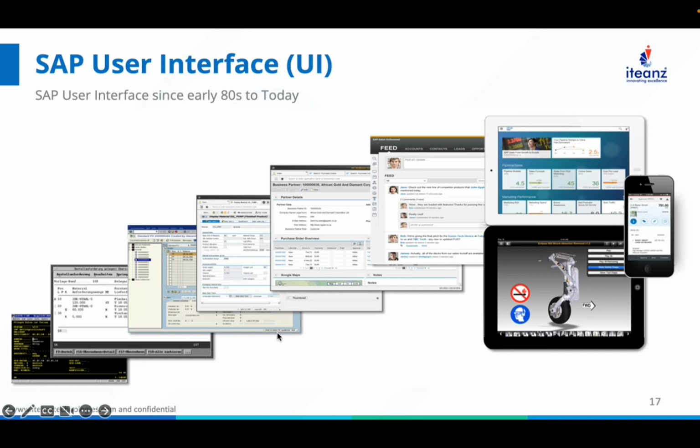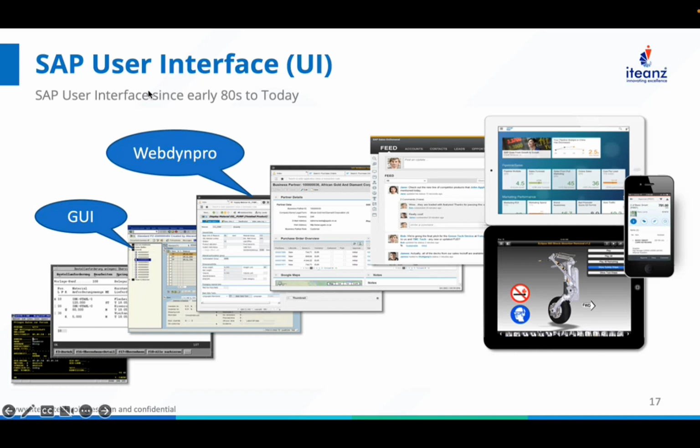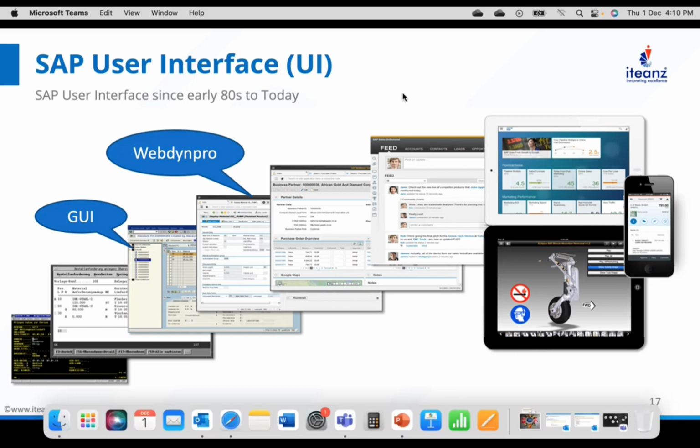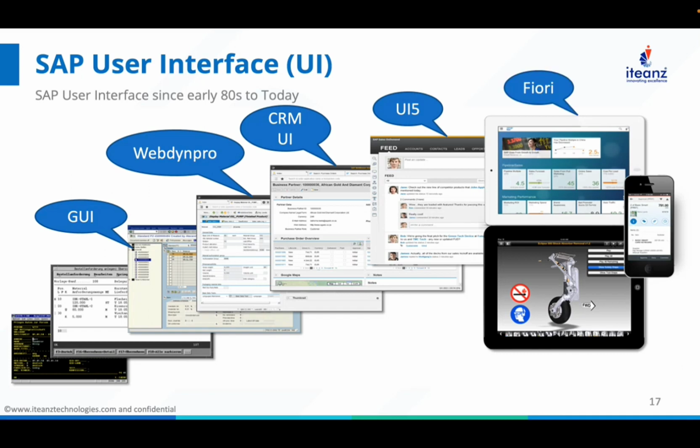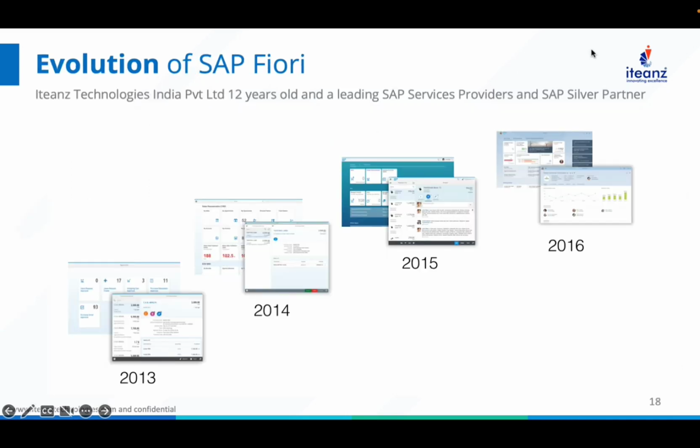We have been working with various user interfaces, starting from the command base to graphical user interfaces, and then web applications, then CRM UI, then UI5, and now we are in the Fiori era, where Fiori is made as a technology universally across the SAP products, SAP applications nowadays.